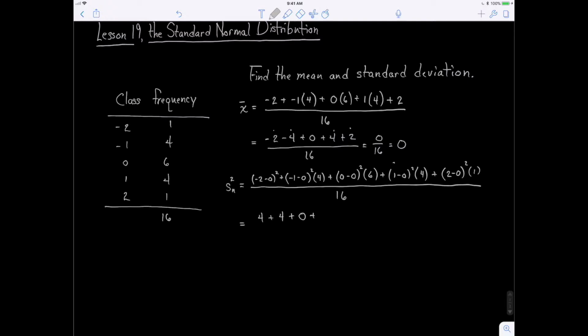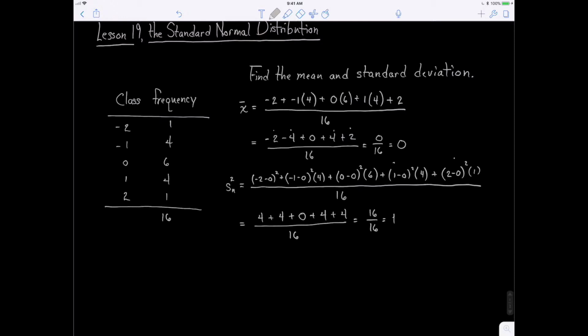We square it to get 1. We multiply it by 4. 1 times 4, that's 4. Plus, our last term here is 2 minus 0, that's 2. We square it, that's 4. Multiply it by 1, it's still 4. And we add all those up. That's going to give me 16 16ths.